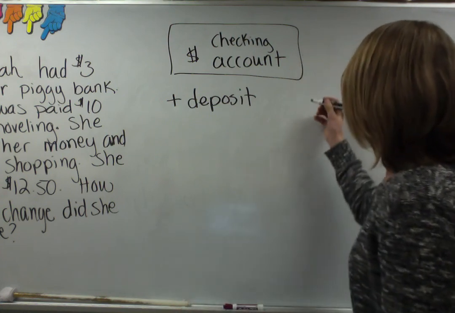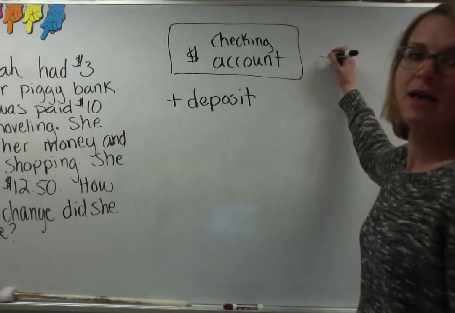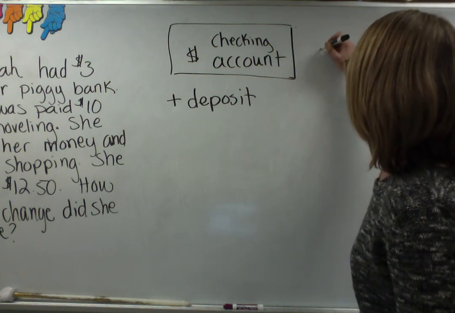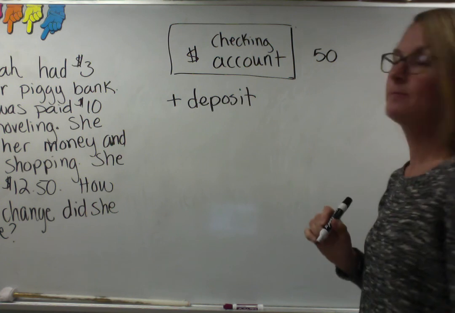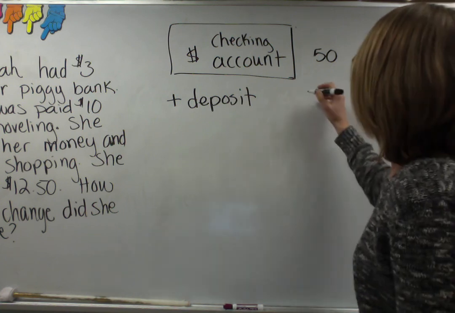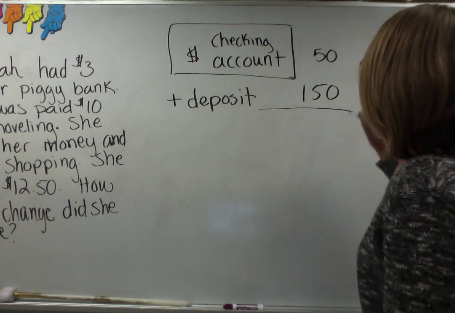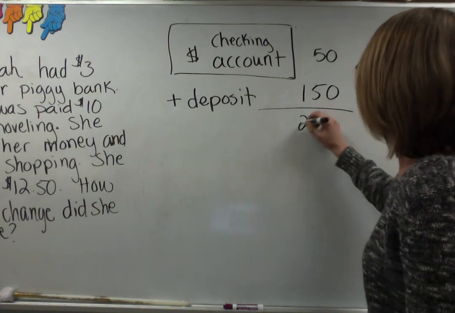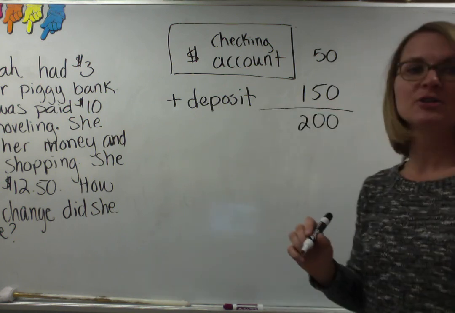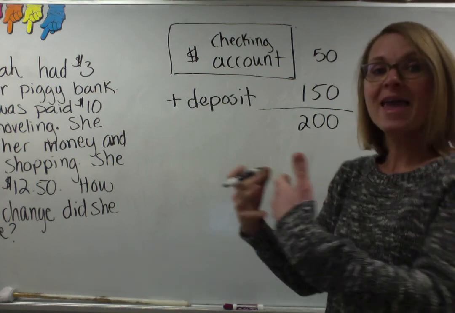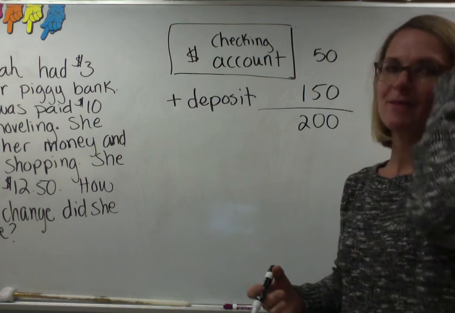Okay, so for example, if my checking account started with $50, okay, and I got a deposit of $150, those would get added together. Okay, and I would have a total of $200 now in my checking account. So if I get paid, usually somebody is giving me money.